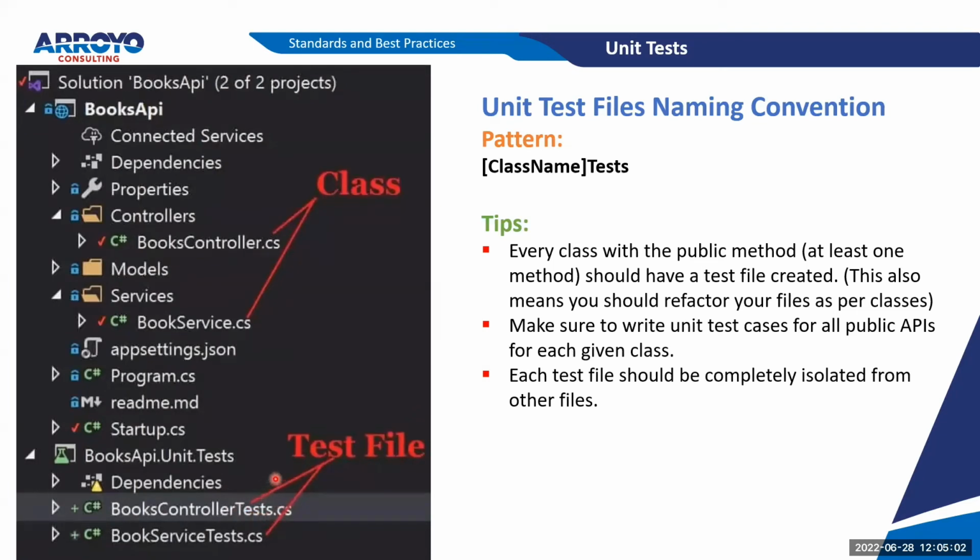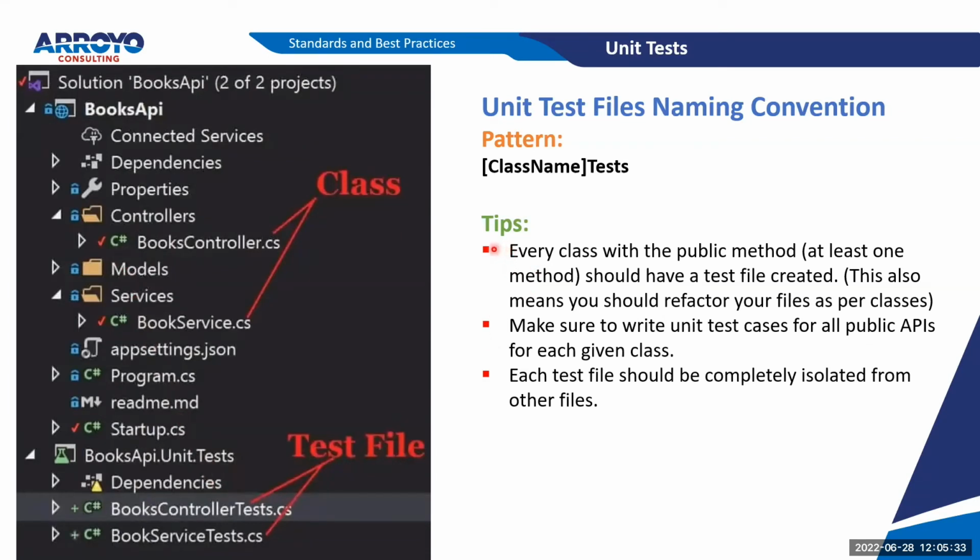Here they don't follow this suggestion, but the idea is if you have, for example, this Controllers folder, you need to replicate the same structure here. So you need to create a folder, name it Controllers, and inside you have to put this BooksControllerTest inside that folder.